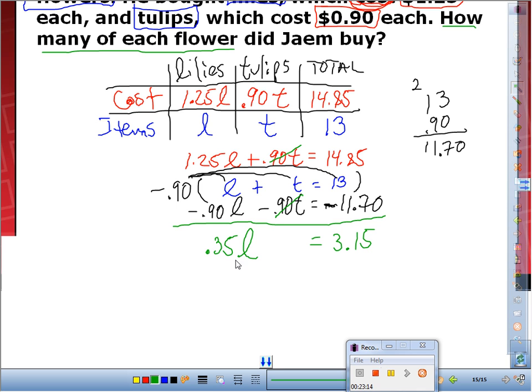Do we know how to solve for L? Yes. Divide by 0.35. We got L equals 3.15 divided by 0.35.